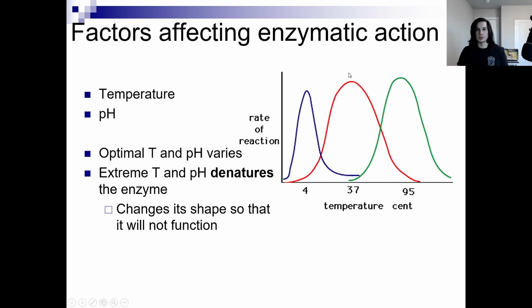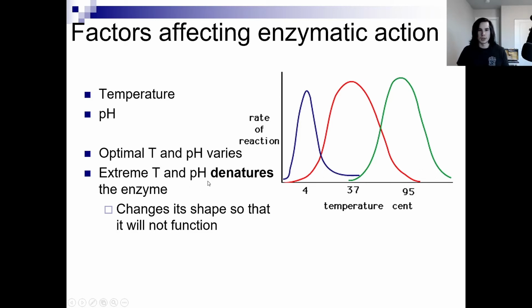So this could be like an enzyme that you'd find in your own body, or an enzyme that you'd find in a bacteria in your gut, for example. And then here you have your green enzyme, its sweet spot's pretty high in temperature, almost boiling. And so you'd probably find this enzyme living within a bacteria living in a much hotter climate.